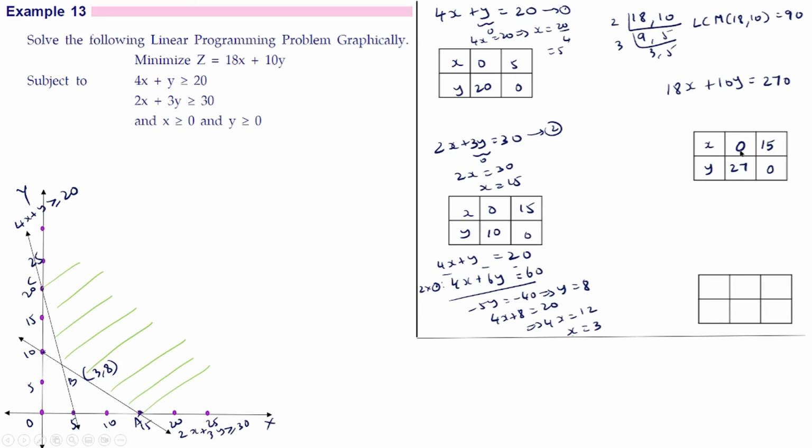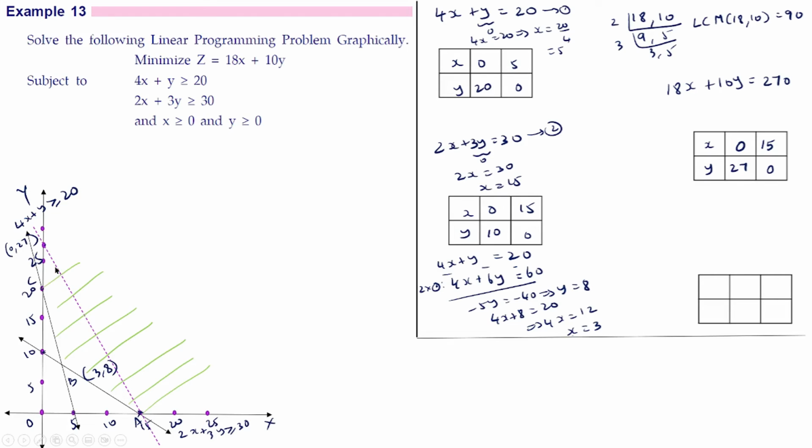So we have the 2 points 0, 27 and 15, 0. So 0, 27, it is here. This is 0, 27, and 15, 0 is this point. This is 15, 0. So if we draw a line joining these 2 points, we will get the equation corresponding to 18x plus 10y equal to 270. So this is a line corresponding to 18x plus 10y equal to 270.